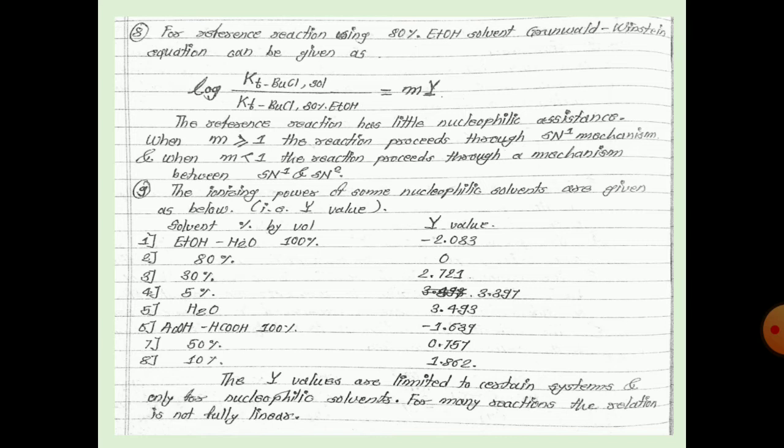For the reference reaction using the 80% EtOH solvent, the Grunwald-Winstein equation can be given as log kt-butyl chloride solvent divided by kt-butyl chloride 80% EtOH equals mY. The reference reaction has little nucleophilic assistance. When m is greater than or equal to 1, the reaction proceeds through the SN1 mechanism. When m is less than 1, the reaction proceeds through a mechanism between SN1 and SN2.